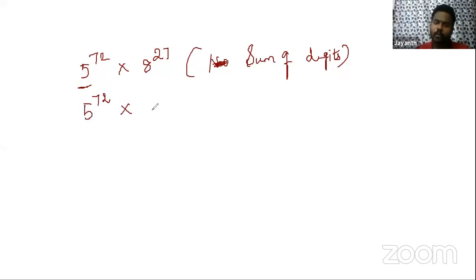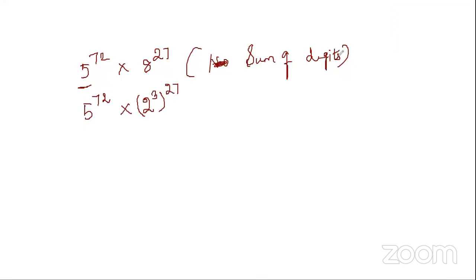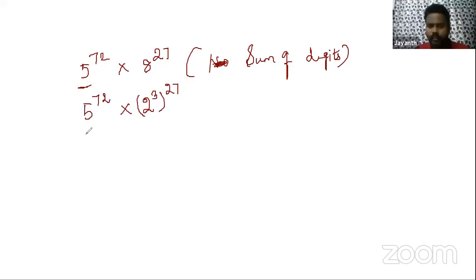The prime factorization of 8 is 2 power 3, so 2 power 3 to the power 27. So this can be written as 5 power 72 into 2 power 81.